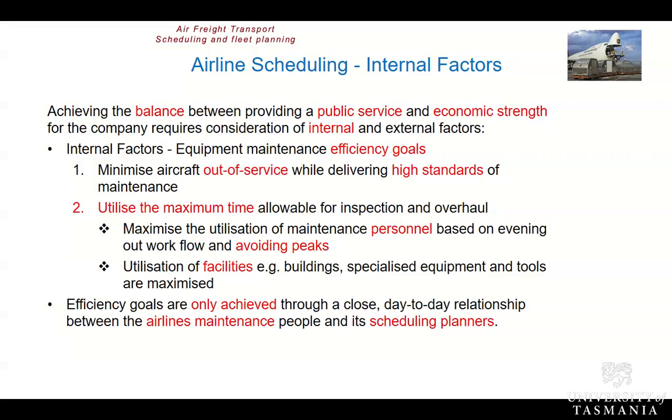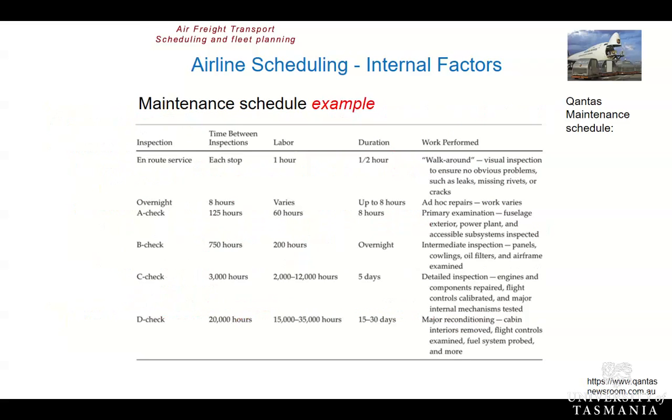Now, as you can see from that particular scenario, this is only going to happen if the air scheduler has got a very close working relationship with the maintenance people themselves. Now, this is an example of a typical type of maintenance schedule. And what it tells you is that at each varying point, something must happen with that aircraft when it's in operation.